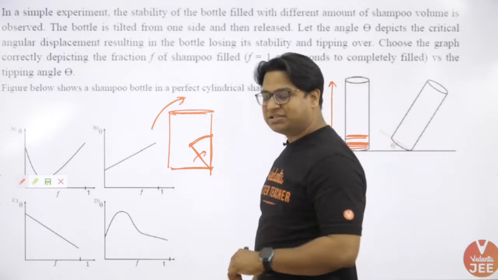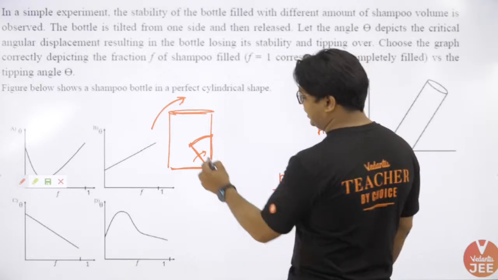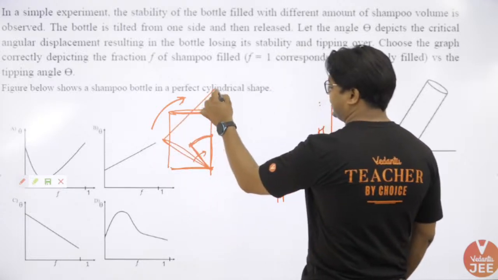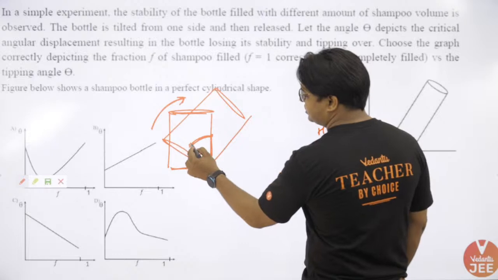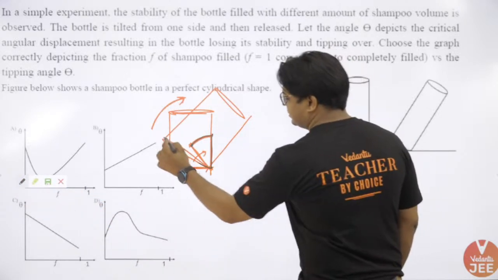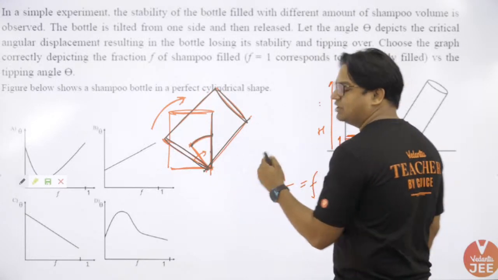At that instant the cylinder will become unstable. Think about this. So as of now the figure should be somewhat like this. This was the center of mass earlier, and then this is the new position of the cylinder. When the center of mass crosses this height, then the cylinder topples.